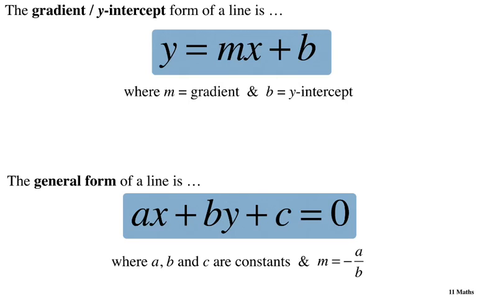A, B and C are just numbers, they're constants, and you can rearrange the general form of a line into gradient y-intercept form by making it say y equals and reading off the slope and y-intercept, or you can just learn that the gradient equals minus A over B. There we have it. So they're your basic formulas that we need to use for this next exercise.